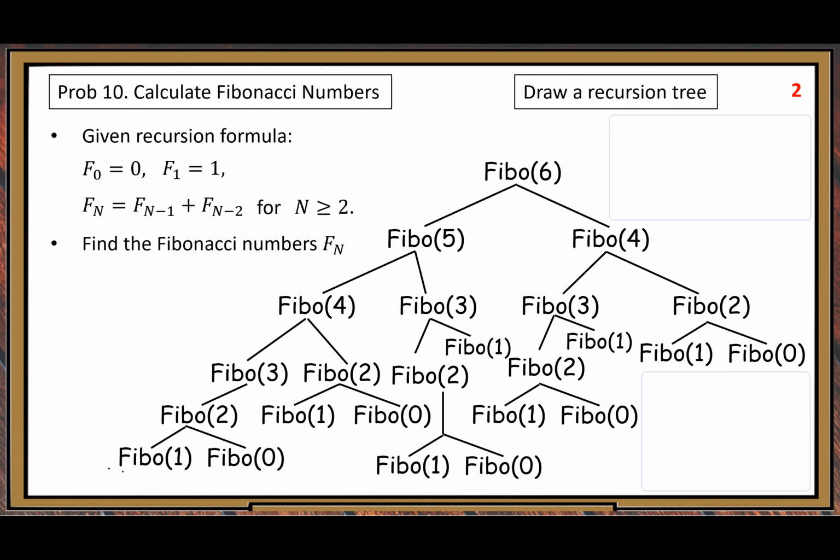The bottom means we need to use the values of Fibonacci of 1 and Fibonacci of 0. They are the base cases. After we apply the base cases, we can get values of all those Fibonacci numbers. And then we can backtrack to get to the root of this recursion tree, and we find the value of Fibonacci of 6.